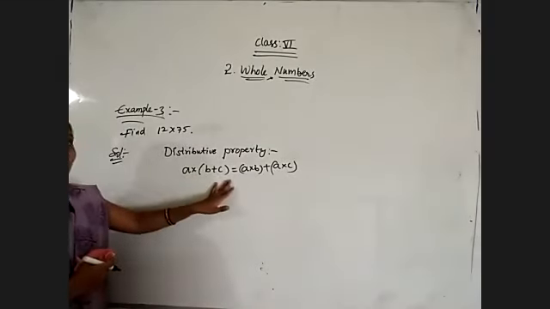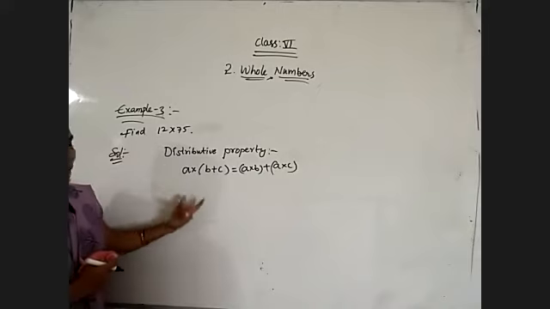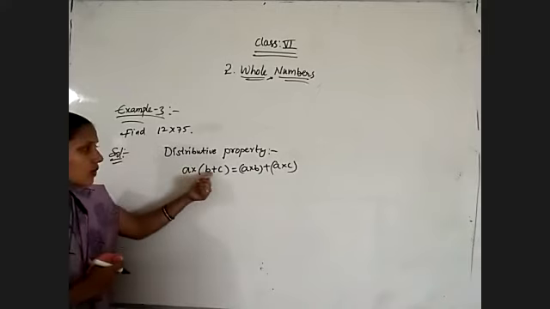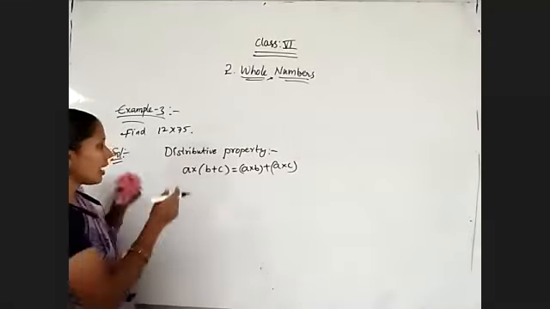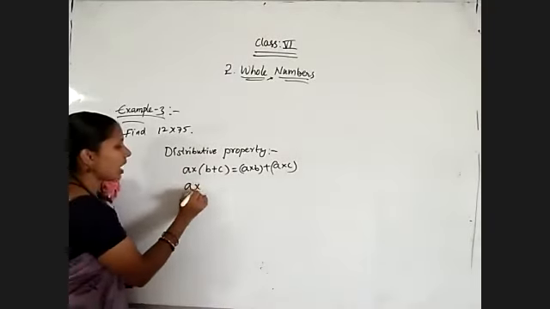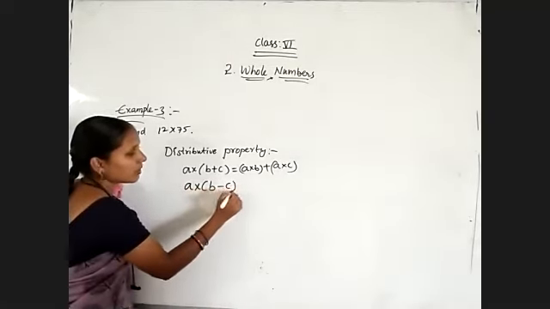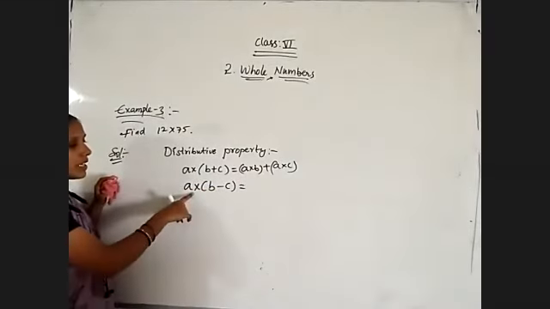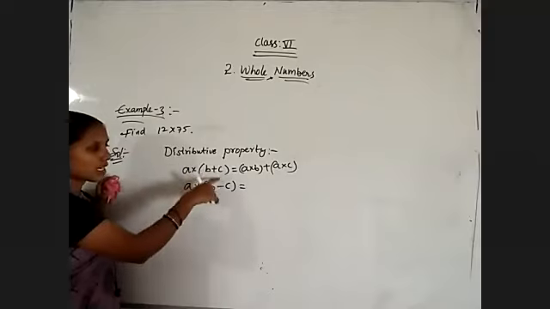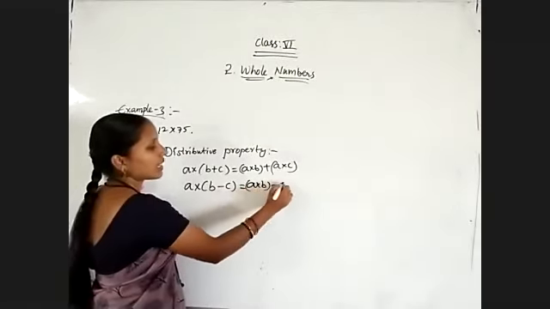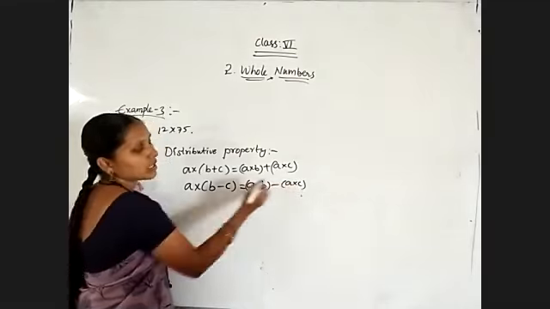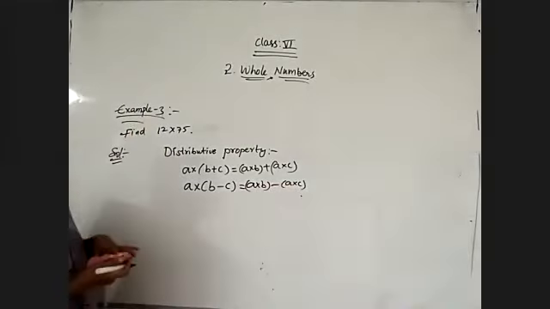Here one is multiplication, one is plus. And we can also write it using subtraction. Multiplication is distributed over addition as well as subtraction. So A into B minus A into C. This is very, very important.